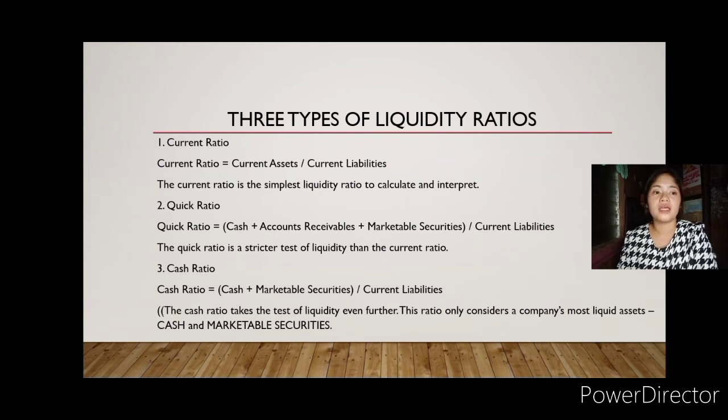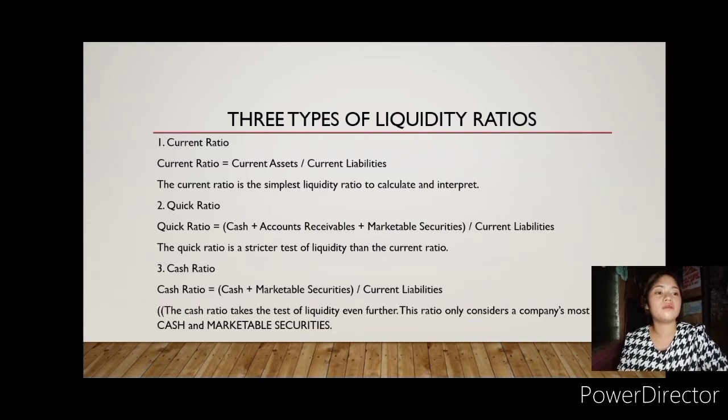In terms of how strict the test of liquidity is, you can view the current ratio, quick ratio, and cash ratio as easy, medium, and hard. Since the three ratios vary by what is used in the numerator of the equation, an acceptable ratio will differ between the three.